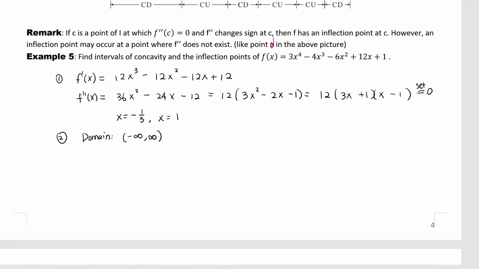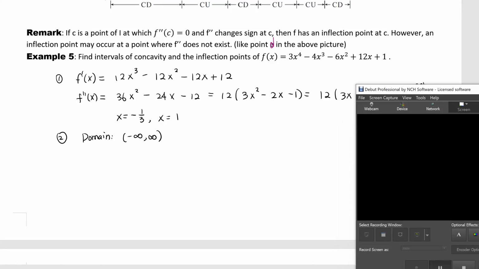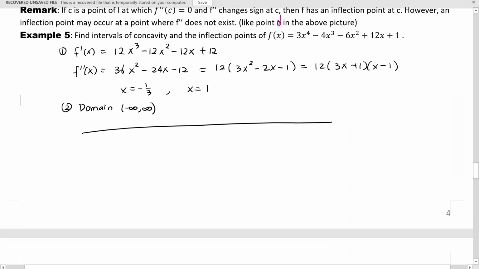Okay, so let's draw the table here. We have the real number line separated by their important points, the possible inflection points. But we need to check. So it separates the domain into 3 subintervals.